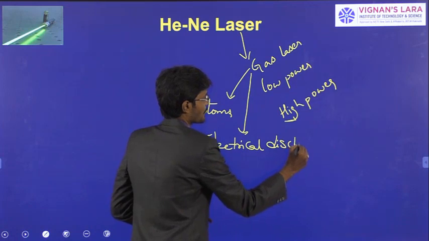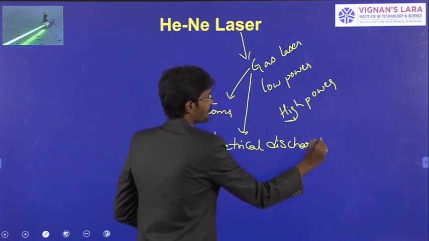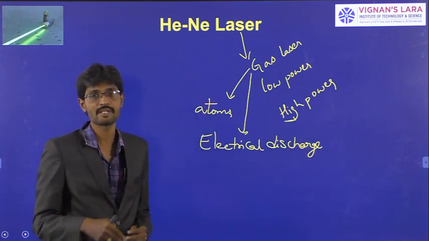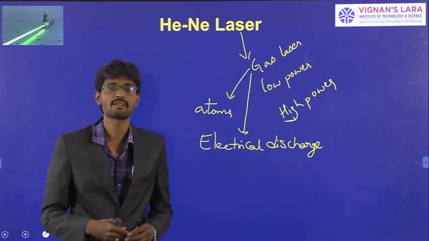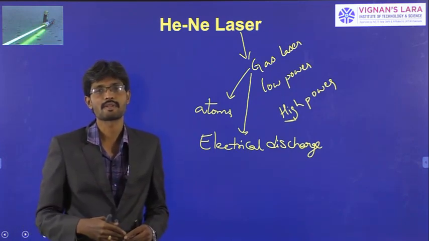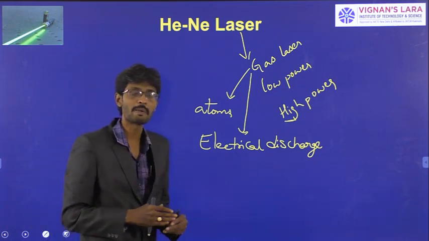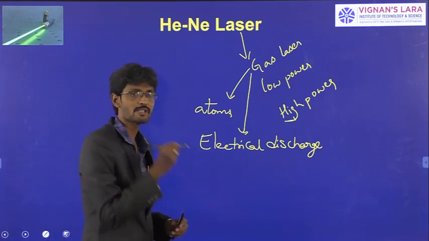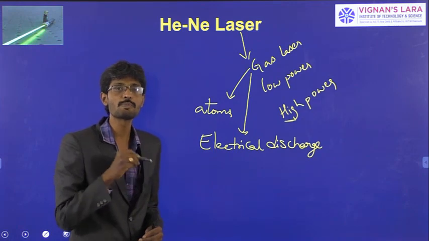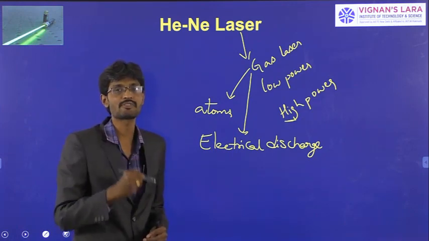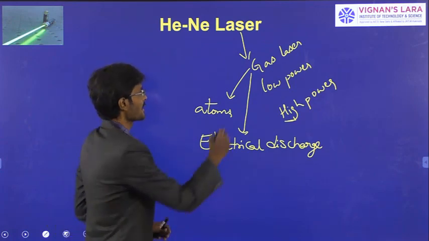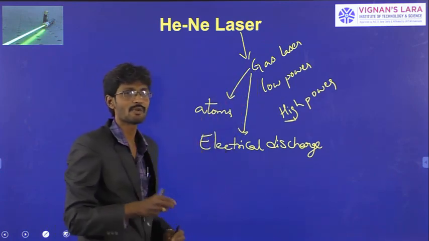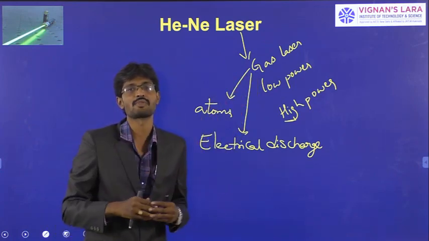In the last class, we discussed the different pumping methods like optical pumping, electric discharge, inelastic atom-atom collision, and other pumping methods. Among all of them, the electric discharge method is very suitable for gas lasers, because these gases have atoms whose energy levels are very close to each other.